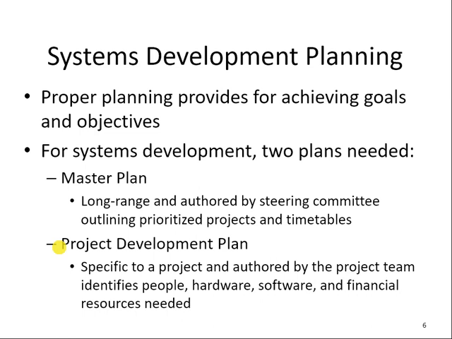So this is a basic building block of the information system planning. Each project development plan contains cost-benefit analysis, for example, development and operational requirements, human resources, hardware, software, financial resources requirement. So very specific plan. Inadequate planning could be one of the reasons why a company may eventually fail with the development of a system.